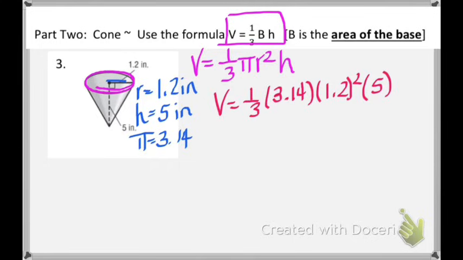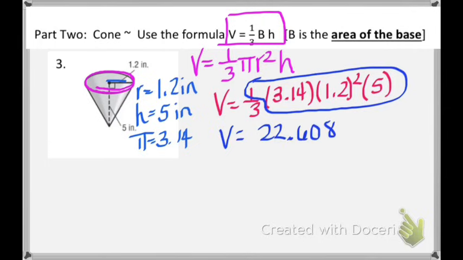Okay, now here's what I like to do. I like to take everything that I consider to be on top. So that includes the 1 and all of these things, and I multiply them together in my calculator. Do that and see what you get. When I multiplied all the top portion together, I got 22.608. Now, in order to really find the answer and solve this, I haven't included the 3 in my calculations yet.